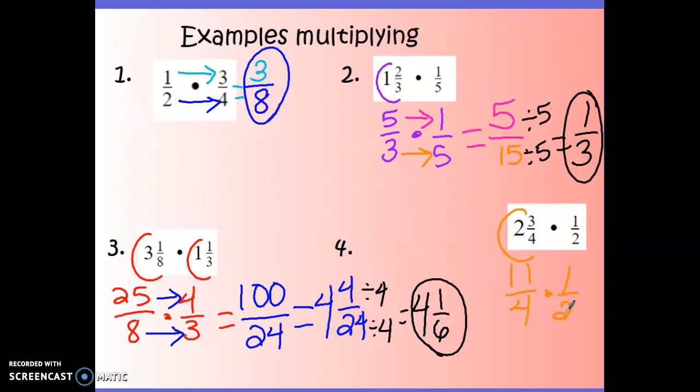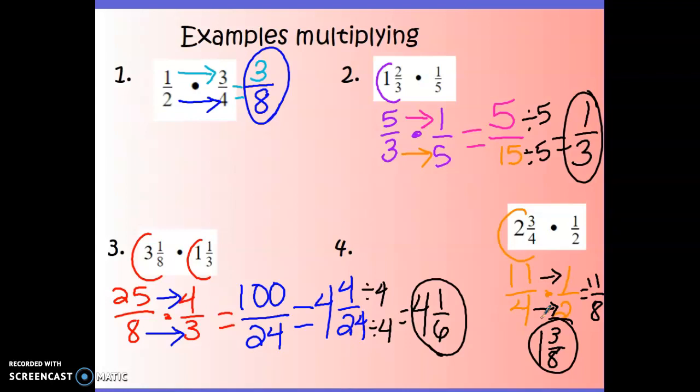Multiply numerator times numerator, which is 11 times 1, and I get 11. Then I do 4 times 2 is 8. Again, I have to divide that out because I have to change it back to a mixed number. So I get 1 whole and 3/8. And that is my simplified version.